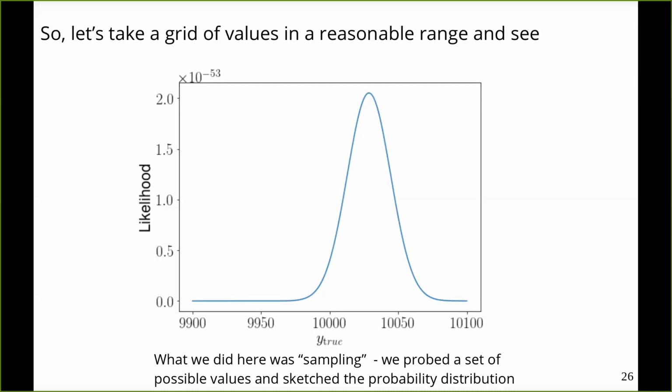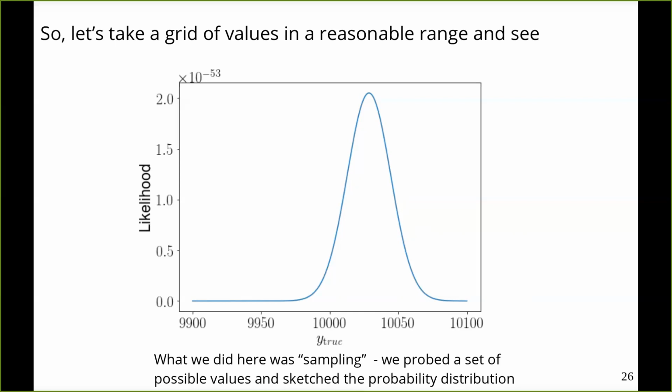I actually did something like this here, and ended up with a probability density function looking like this. I literally went through the given set of values and found where the maximum is. You see that the maximum is around 10,030, plus minus some uncertainty.